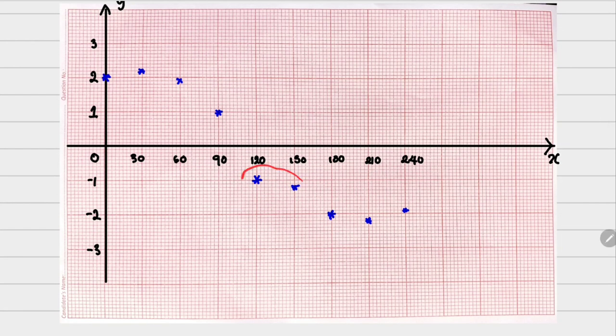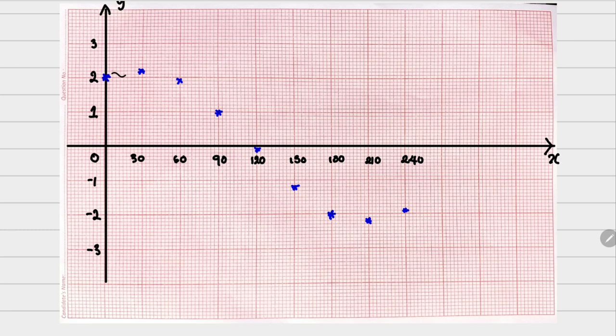Drawing it, I saw that these 2 points might have issues, so I went back to check the work and I found out the mistake. So I have to correct it now. So I'm going to take out this, and it is minus 0.1. So minus 0.1 is somewhere here. So I think everything is okay now. So I can go back to draw my graph.